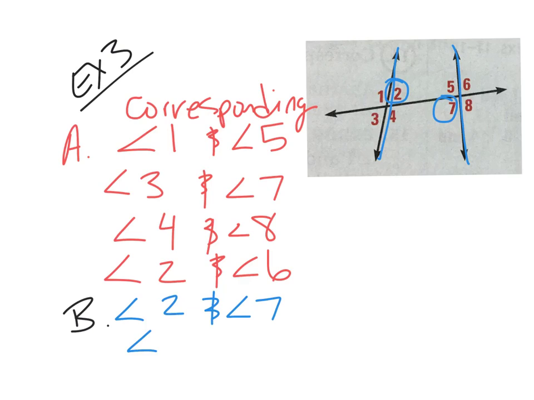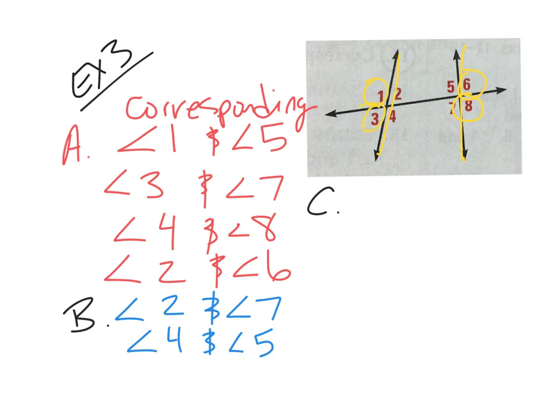Okay, so what's the other set of alternate interior angles? 4 and 5. 4 and 5, very good. All right, C is alternate exterior. So where does that mean they are? On the outside of the two lines. So they're only going to be able to be these 4.